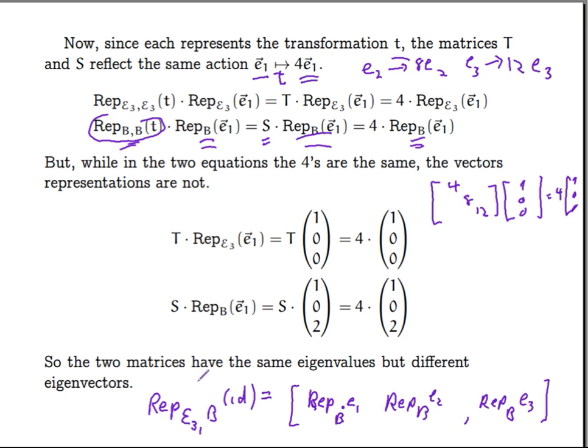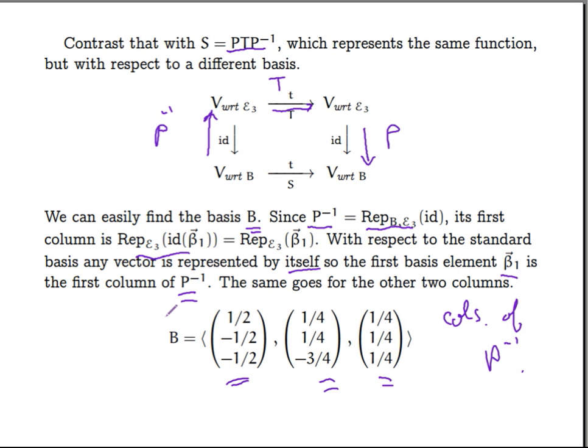P inverse is equal to the representation going from B to E3 of the identity. So these two are inverses of each other. So the columns of P are exactly equal to these representations here. The first column of P is equal to the representation B of E1. That's what we get from right here.